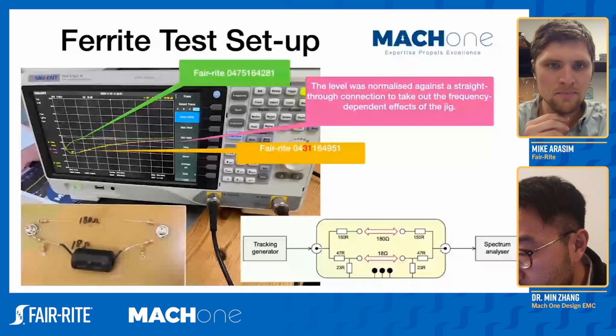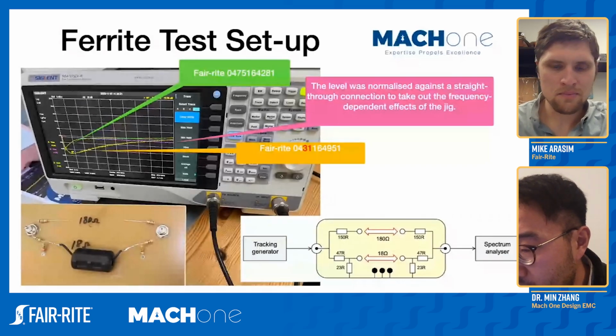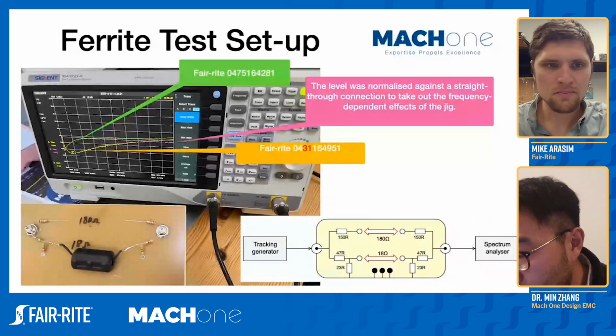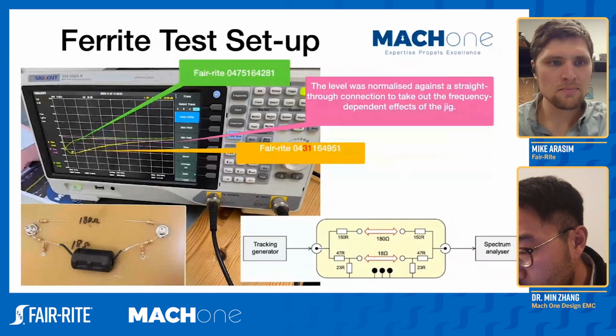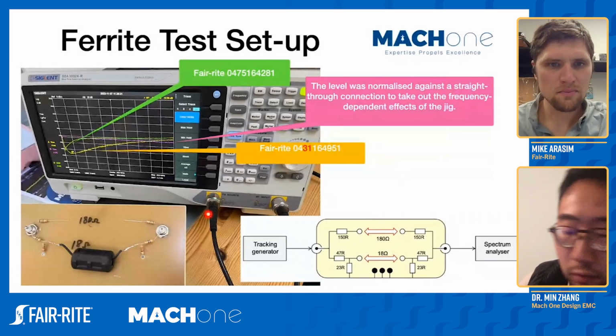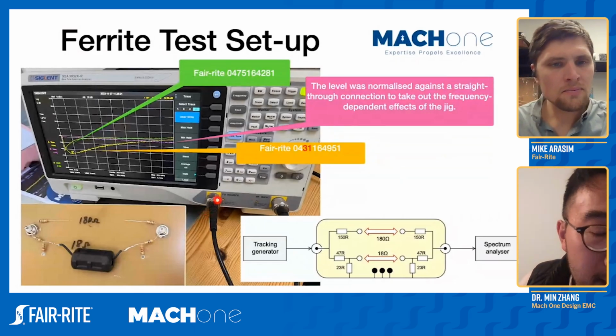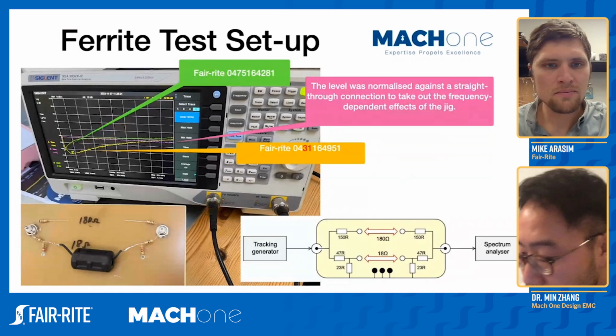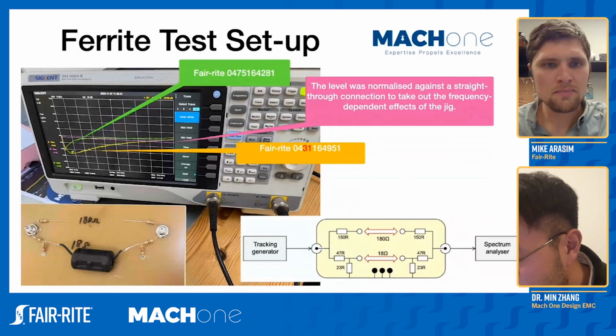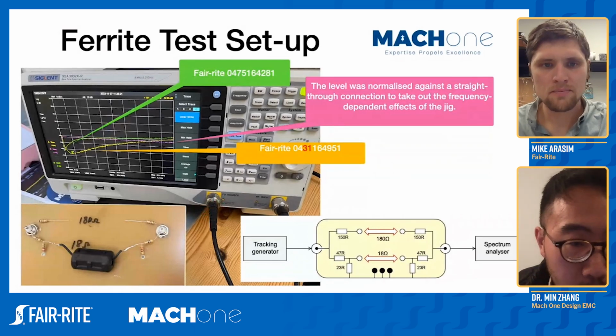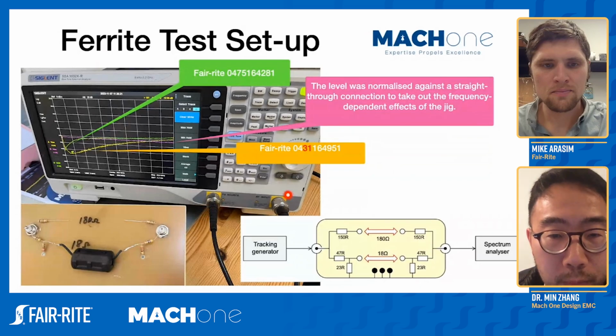As you can see in this setup, we have a spectrum analyzer with a tracking generator function. We're using the tracking generator function as a source, and this source often has a 50 ohm impedance, and the spectrum analyzer also has a 50 ohm input impedance.